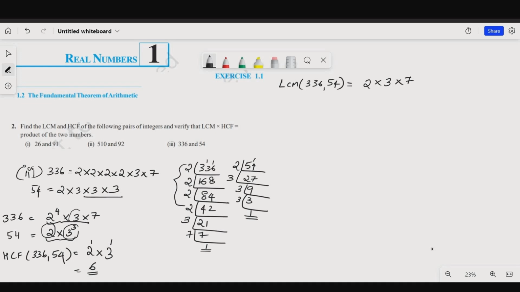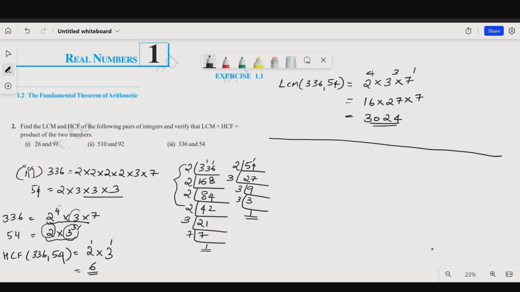Now we have to take the greatest power. Greatest power of 2 is 4. Greatest power of 3 is 3, and greatest power of 7 is anyway 1. So this will give you 16 into 27 into 7, which gives us 3024. So LCM is 3024 and HCF is 6.